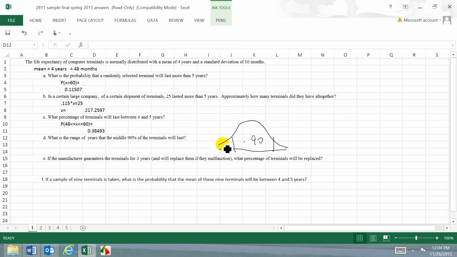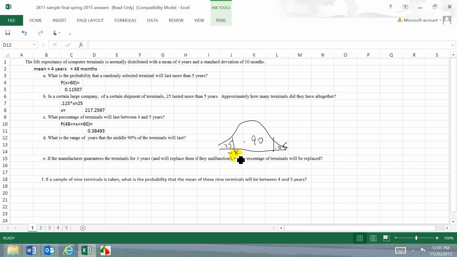The middle 90% has 5% below it and 5% above it. So the z-value associated with the middle 90% is going to have 5% below it and 5% above it. So if I want the lower value, I'm going to place 0.05 into norm inv.